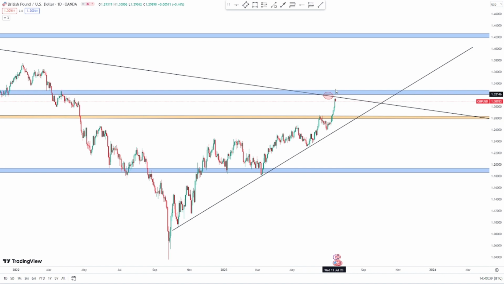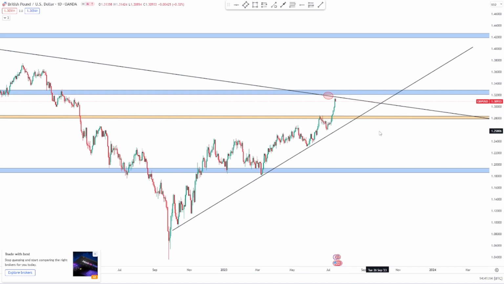But if that doesn't happen, price bounces off this region, comes back, breaks below this supply and demand zone here on the weekly time frame and closes below this trend line and this yellow bar, I'll be waiting for a retest of this broken zone for me to sell this market down to this side, which, if it does that, will create a head and shoulders, which is a reversal pattern.